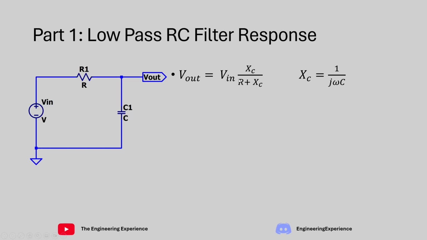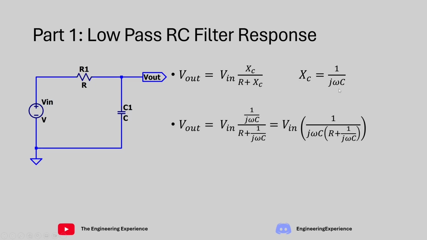That is the total impedance of the circuit, and on top you've got the impedance of the capacitor multiplied by your input voltage. You'll notice that this is the same equation as the potential divider equation. However, the impedance of the capacitor is not as simple. You have this variation over here that you have to replace in this case. So adding this into this equation, we get the following.